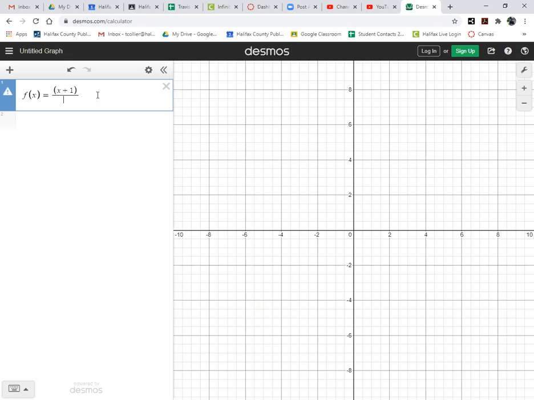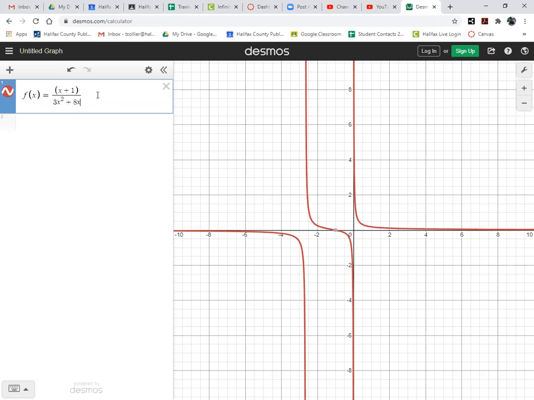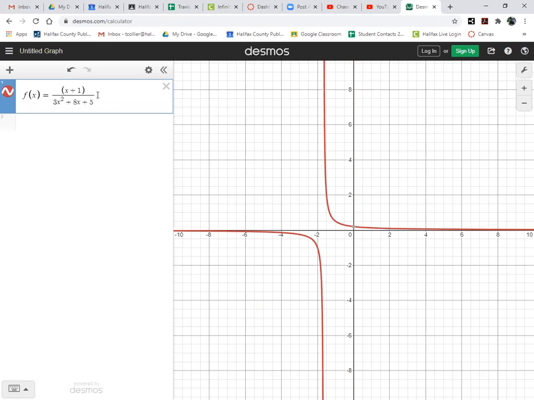Now, what's going to be on the denominator? The 3x squared plus 8x plus 5. There we go. Okay. So now I see what this looks like when I graph it.